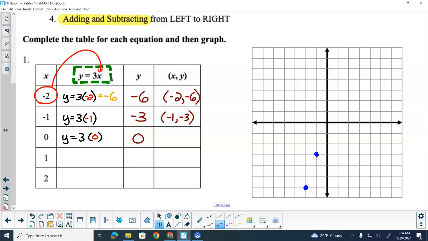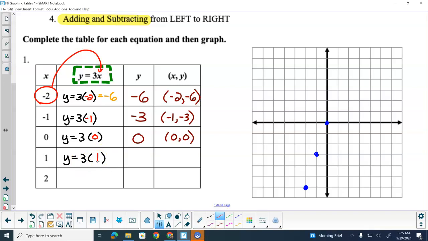So what's the point associated with that? So the 0, comma 0. Then we do 1. 3 times 1? 3.